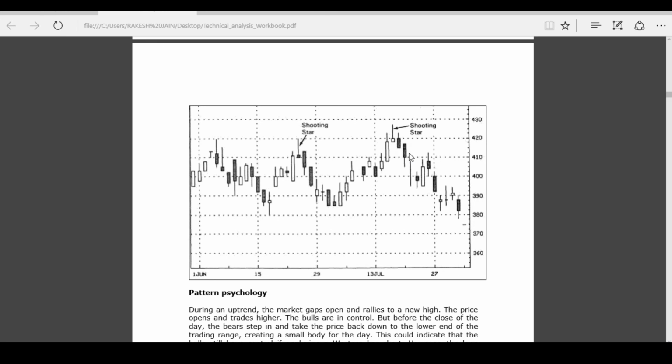It's called a shooting star when it happens after an uptrend. So after an uptrend, if this same shape happens, it's called a shooting star. When it's in a downtrend, it's called an inverted hammer. So rather than just understanding the name, training your eyes to see these patterns will give you a lot of help, believe me, in your trading.